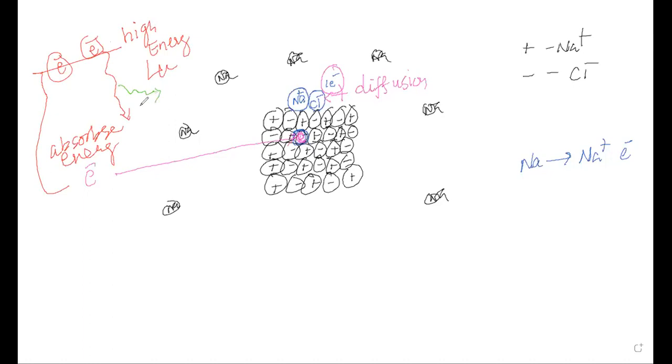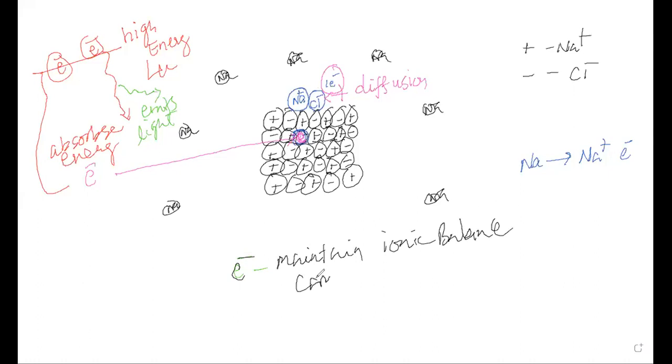It emits light. So this portion, my dear students, where the chlorine has been diffused from its place, the electron which is present over there maintains the ionic balance and causes color.